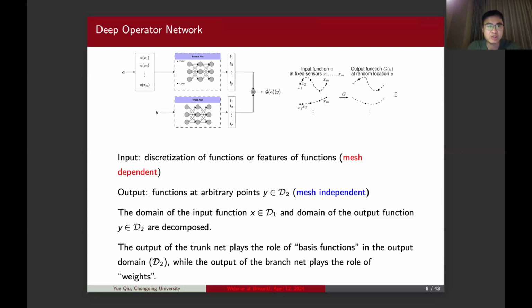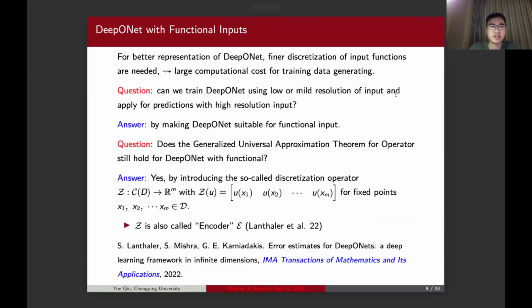However, this makes the training of DeepONet more expensive since you have high-dimensional inputs. So our first thought is, can we make DeepONet suitable for functional inputs? And the answer is yes.